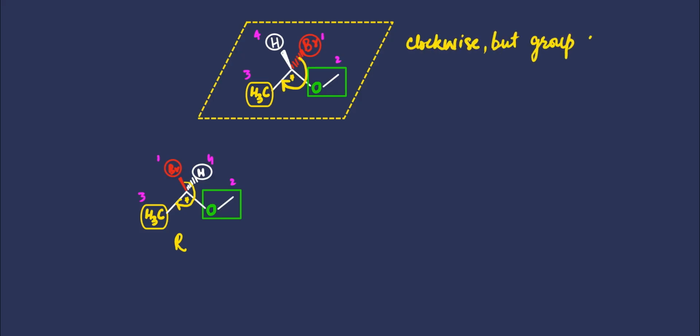And, if we take the mirror image of this molecule, the hydrogen will appear on wedge and bromine on dashes. In the original molecule, arrow from 1 to 2 to 3 goes clockwise and is designated as R. In this mirror image, the arrow also moves clockwise, but the least priority group 4 is on solid wedge.